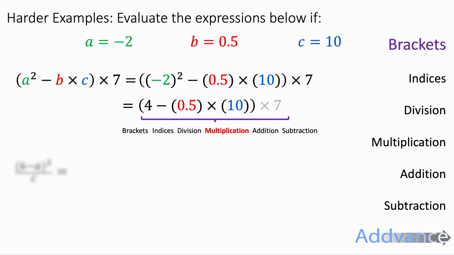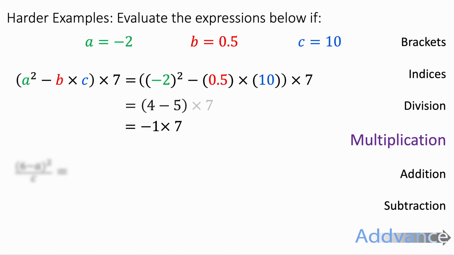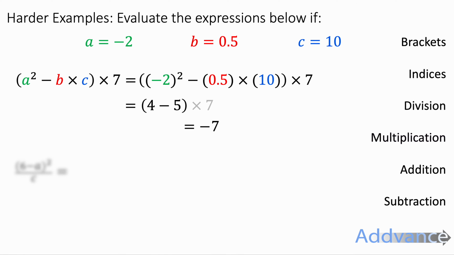And with a minus 5 times 10, we're going to do multiplication next. 0.5 times 10 is 5. So we have 4 minus 5. And we do the subtraction last. 4 minus 5 is minus 1. And we have minus 1 times 7. Now we've done the brackets, we can move out of the original set of brackets and we can move on to multiplication now. Minus 1 times 7 is minus 7, and that's the final answer.